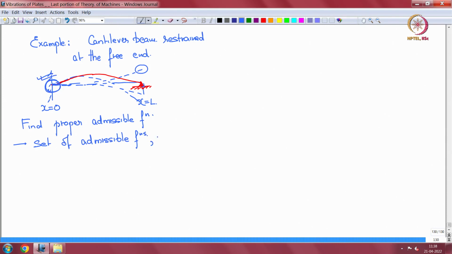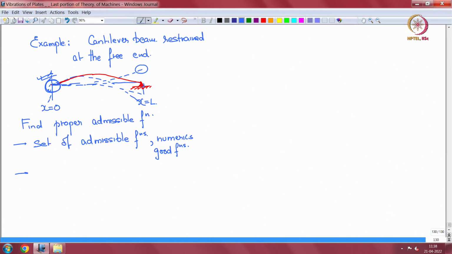Otherwise for numerics they are very good functions. They give matrices with good condition numbers and so on. And let us say you want to stick with them, then what do you do? You take the same. So hypothetically we are going to do it.